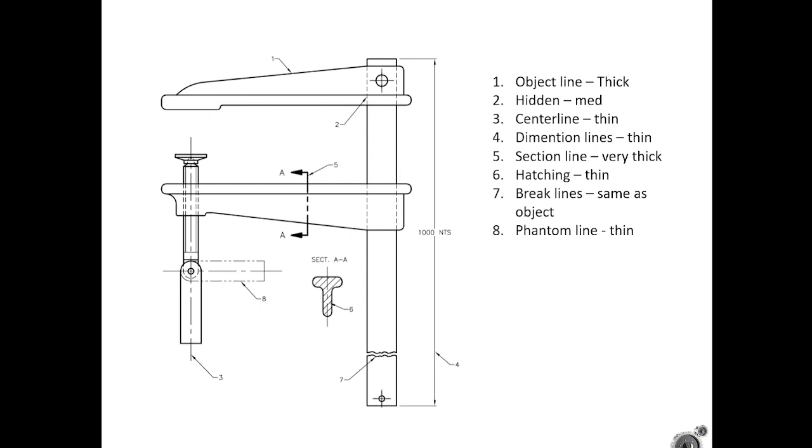Nice, easy, clear to see, thick lines. Our hidden lines should be a medium weight, and our center lines and dimension lines should be thin. This helps us visually distinguish between them. So I am never going to mistake this object line, which is thick and heavy, for this dimension extension line, which is quite thin.